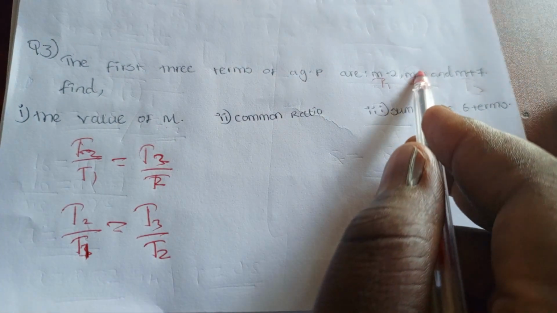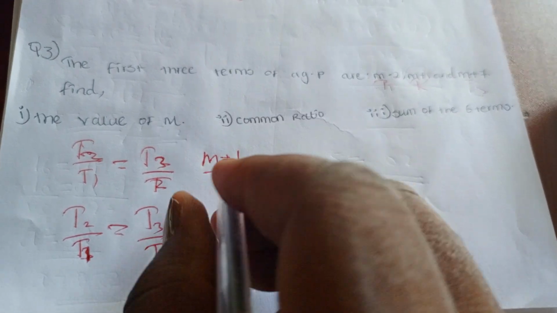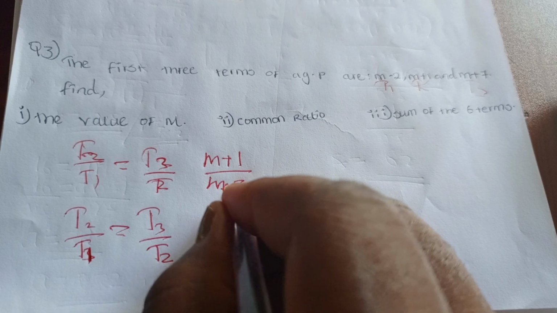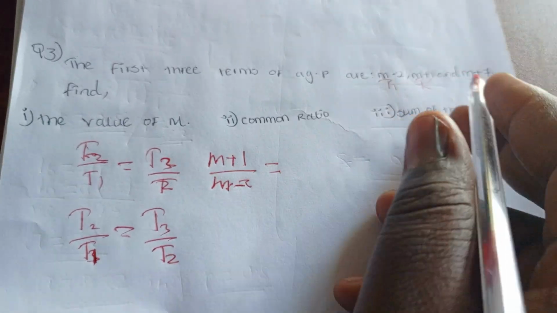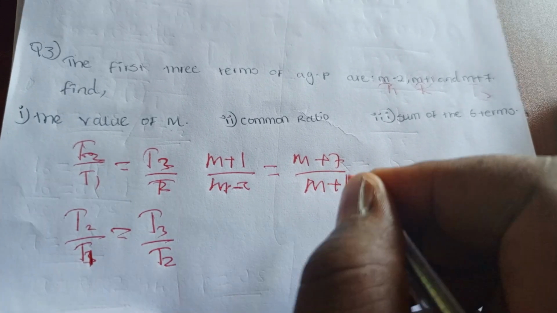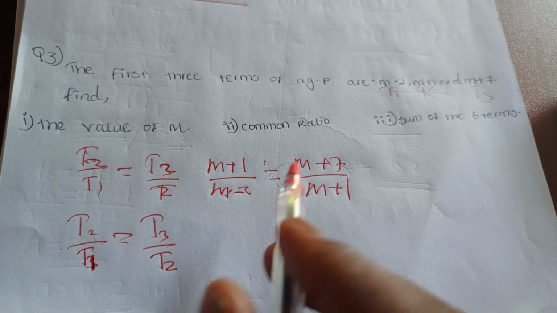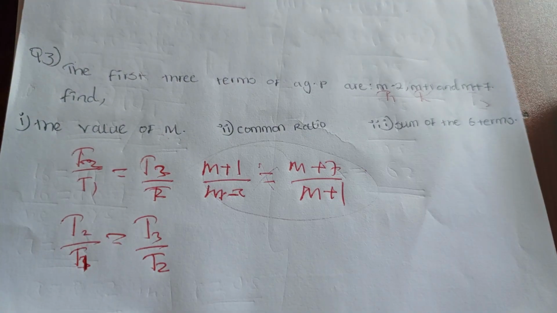So you divide this over this, so you say M plus 1 over M minus 2 is equal to, again, this part, M plus 7 over M plus 1. Then from here you cross multiply, then find the value for M.